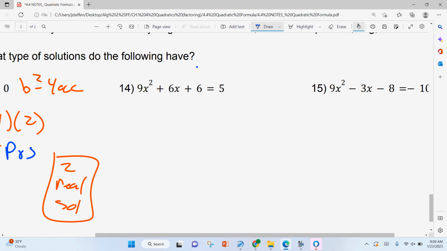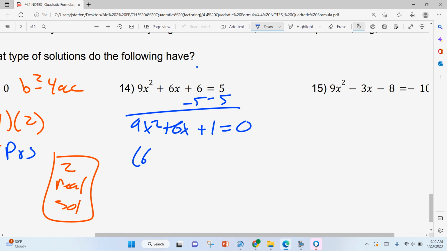Number 14, now again, just like the quadratic formula, you have to get it equal to 0. So that's 9x squared plus 6x plus 1. You end up with your b, which is 6 squared, minus, now again, it's not plus or minus, because remember your formula, 4 times a times c. 36 minus 36.